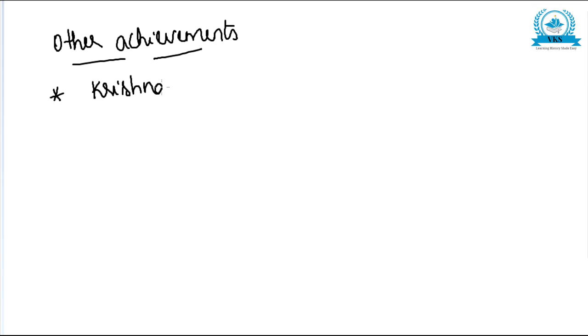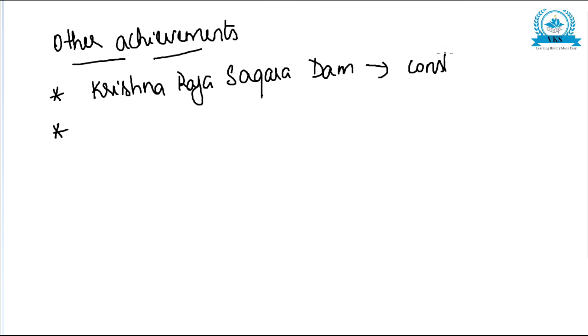Now some of his other achievements. What were his other achievements? The most important was the construction of the Krishnaraja Sagara Dam. The KRS dam construction was the greatest achievement of Sir M. Vishweshwaraya.